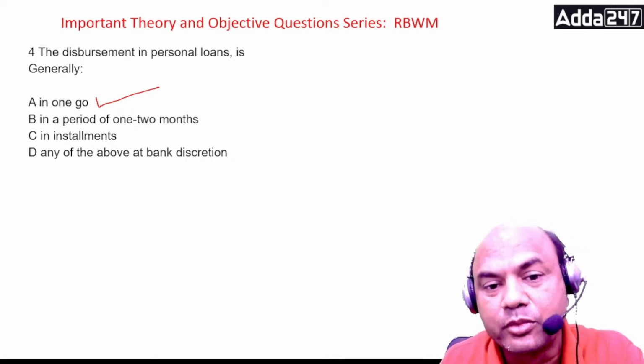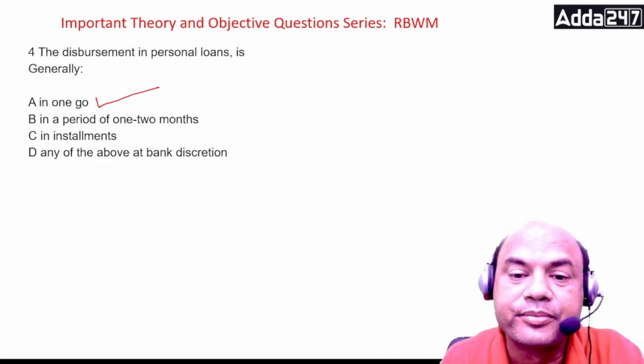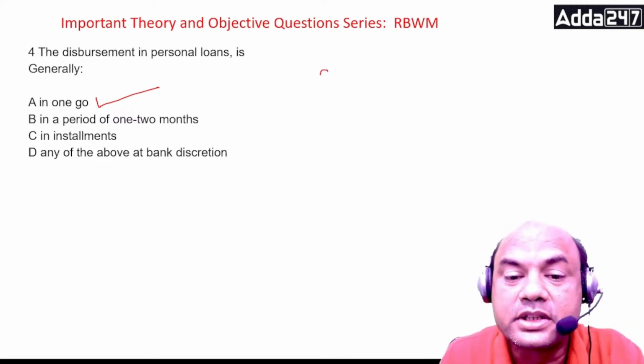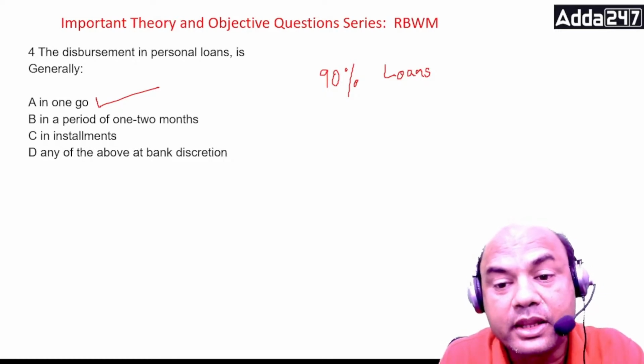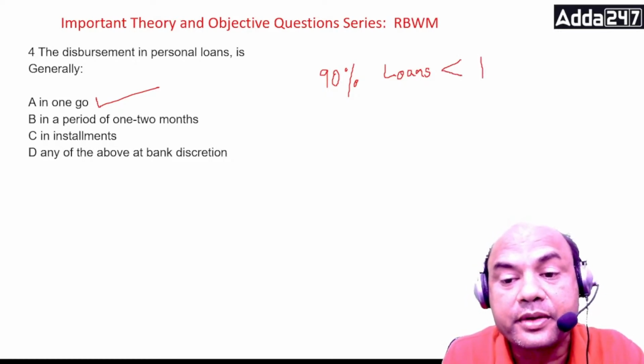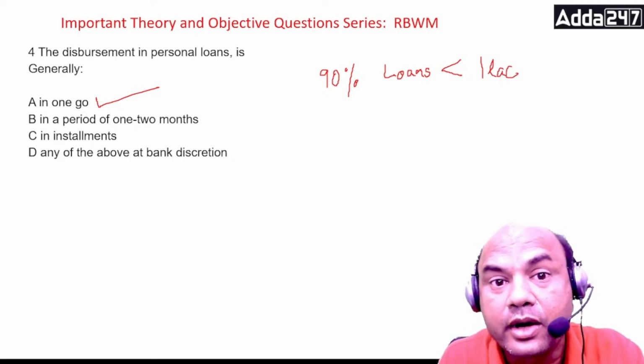Now look at this. One more thing I'll tell you. One more fact which is seen now. 90% of the loans in India, I'll call it Bharat now. 90% of the loans in our country, Bharat, okay, are below 1 lakh. Below 1 lakh. In terms of numbers, I am talking of numbers. I am not talking of amount.